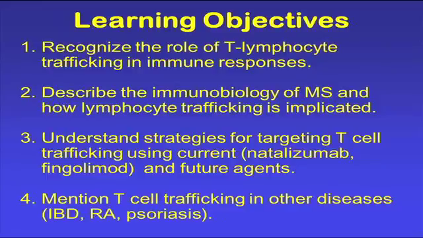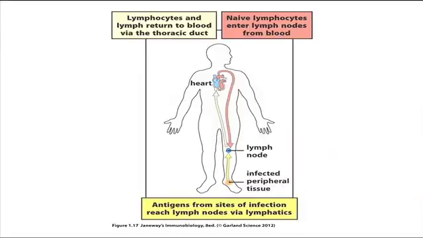And at the end, we're going to mention T-cell trafficking in other diseases such as inflammatory bowel disease, IBD, rheumatoid arthritis, and psoriasis. Let's take a look at the process by which lymphocytes move throughout the body and the reason that they move in the way that they do.